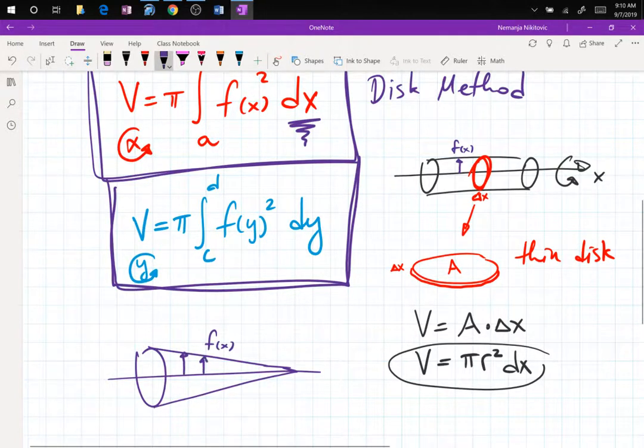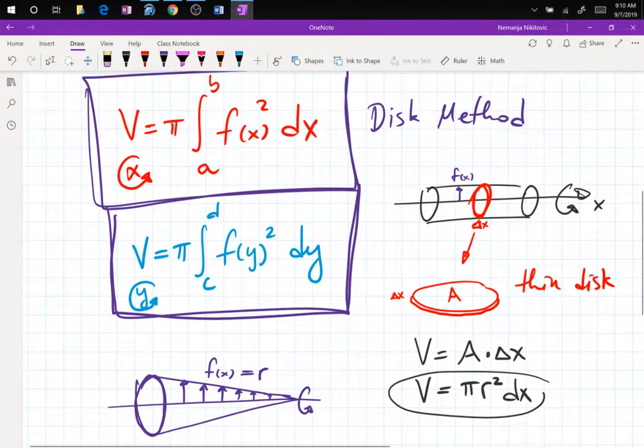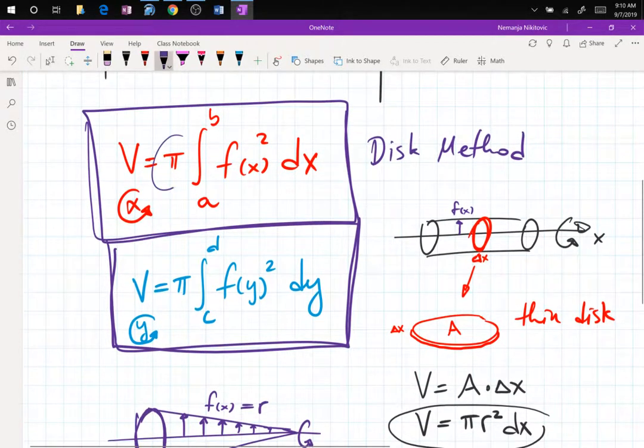Radius is this, and then radius is that, and radius here, and radius here, right? Radius is always from the axis of rotation poking all the way to the function. So the function is the radius for our circle calculation. So that's why the formula looks the way it does. It's simply area of the circle times the thickness of the object.